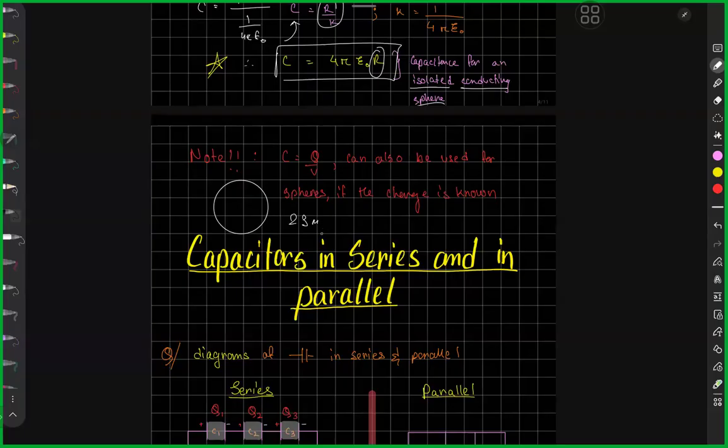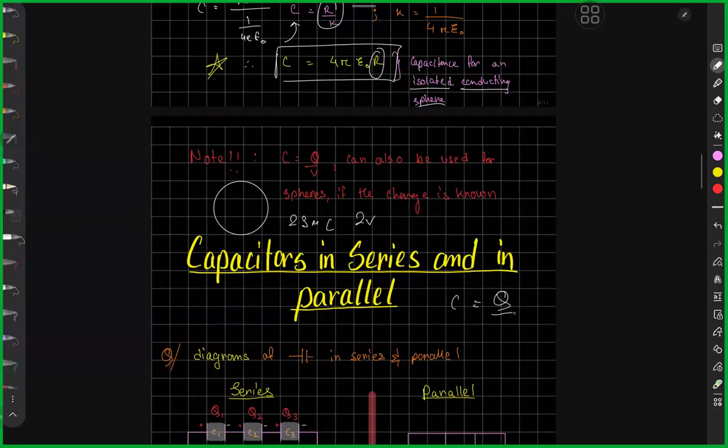Let's just make it up. 23 microcoulomb. It holds in the sphere on the surface, and it's empty inside. And you get this charge stored when you have supplied 2 volts. Let's see. Can you find out the capacitance of this by using Q by V? Yes, you can. Because you know the total charge stored when a certain amount of voltage is applied.